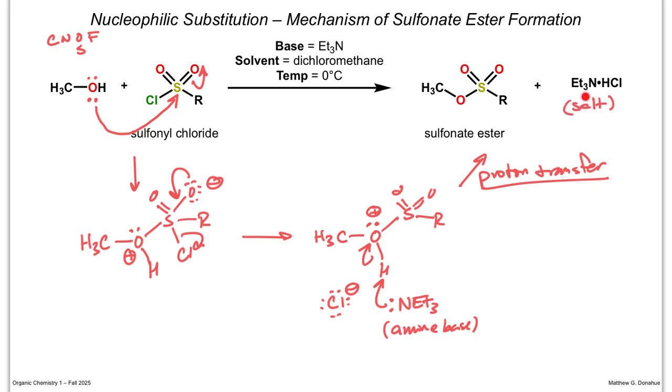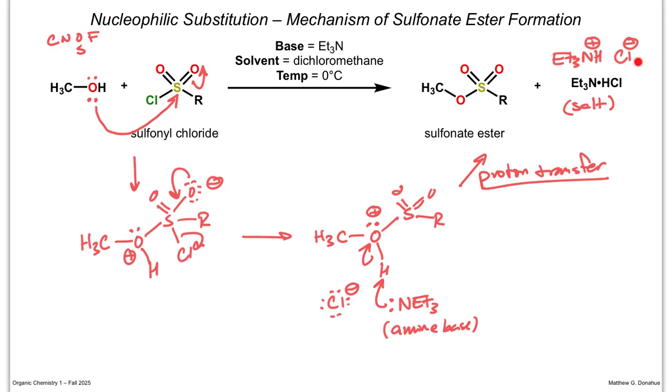So that's one way of writing this, where I use that little dot. Another way that you might see is where the hydrogen is actually bonded to the nitrogen, which has a plus charge, and then the chloride has the minus charge.